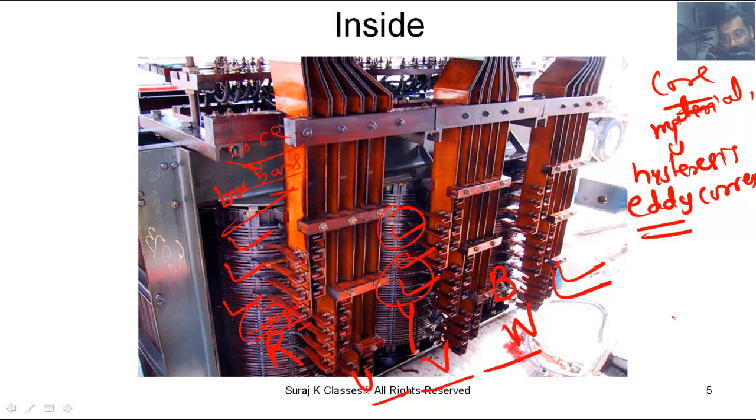Copper strips are used in the transformer, and these copper strips are insulated with paper, which prevents the eddy current losses. I will explain some other day how these eddies develop and how they result in losses to the transformer. These two losses we can cover.